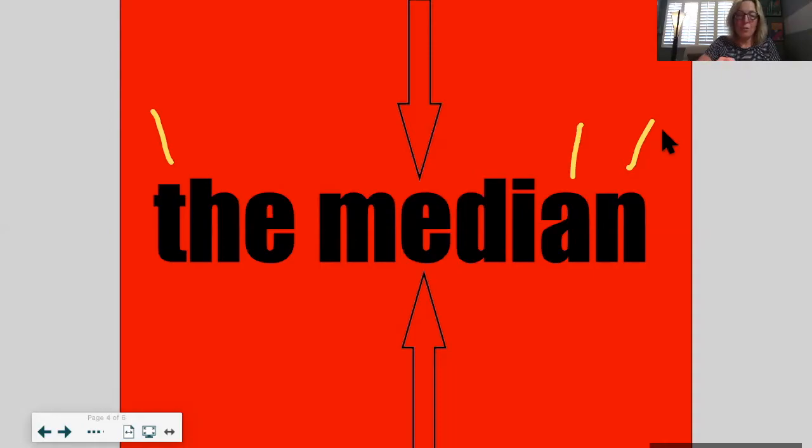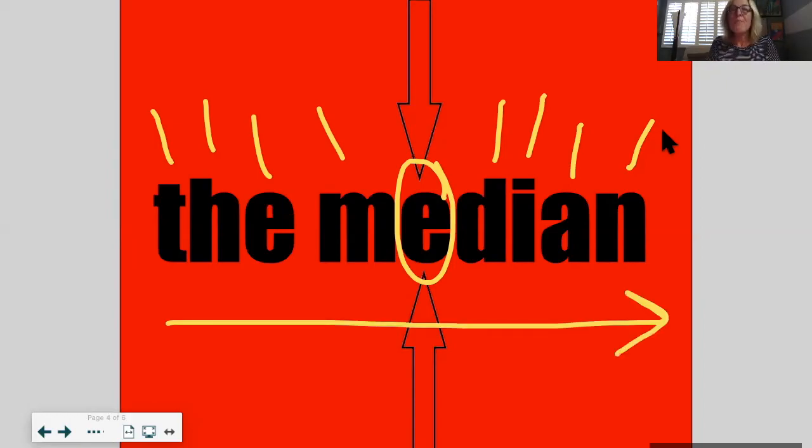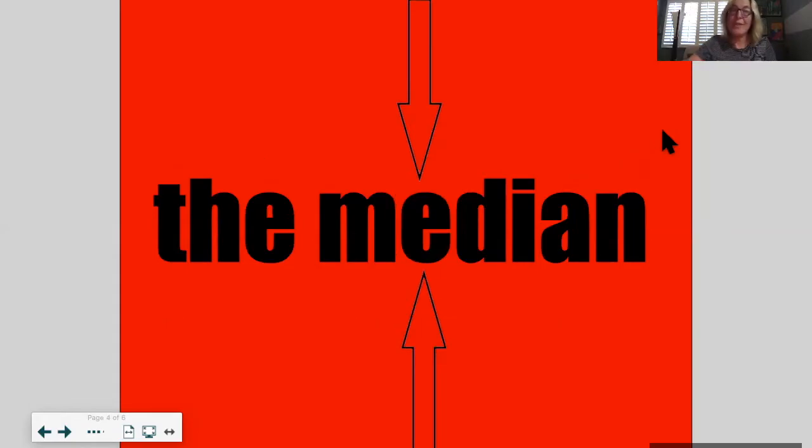Then we move in one to the H and the A, and then to the E and the I, and then the D and the M. And then you can see that E is in the middle. So it's called the median. Now the thing about the median, in order to find it, you have to list your data points in order from least to greatest, okay? That'll be something we'll get into more in a moment.